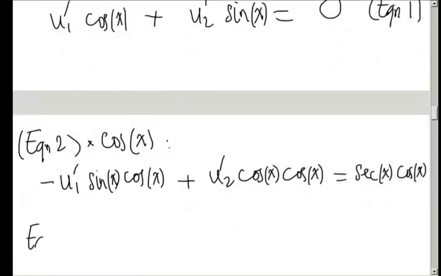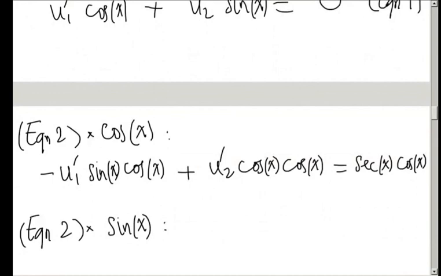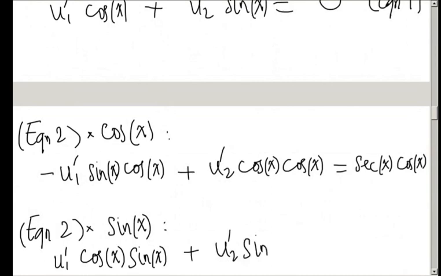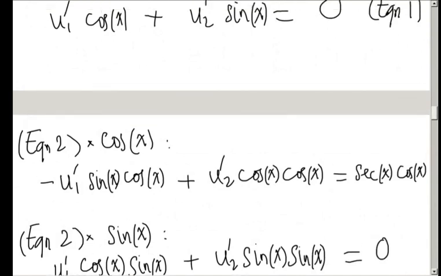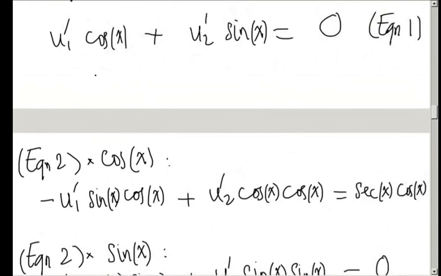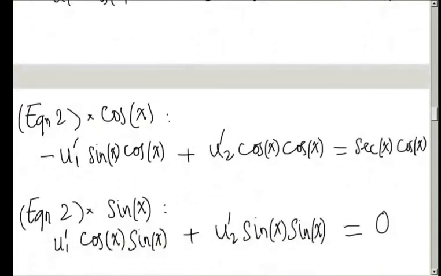And for equation 1, I will multiply by sine of x. Then I would have u1 prime cosine x sine x plus u2 prime sine x, another sine x, equals 0. So this is equation 1 right here, and we need to multiply everything by sine x. And that's what we get down here.